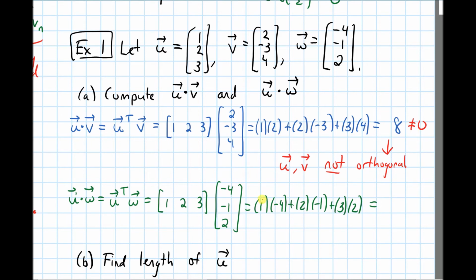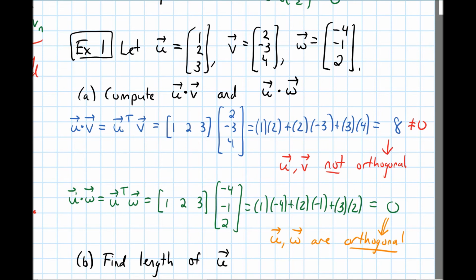And adding these up, we'll get negative 4 minus 2, which is negative 6, added to 6, which is 0. So the fact that this dot product equals 0 means that u and w are orthogonal. So they're going to be perpendicular.